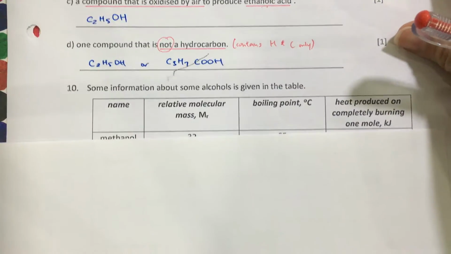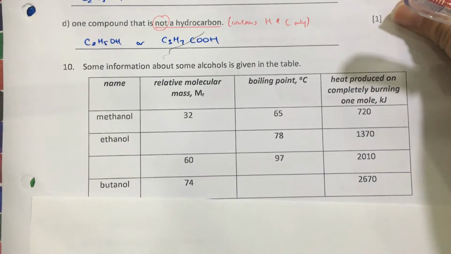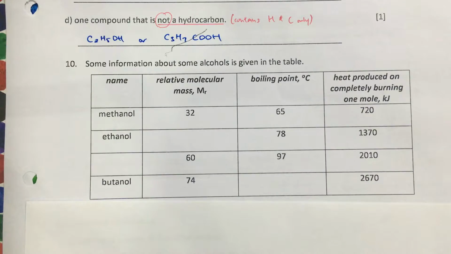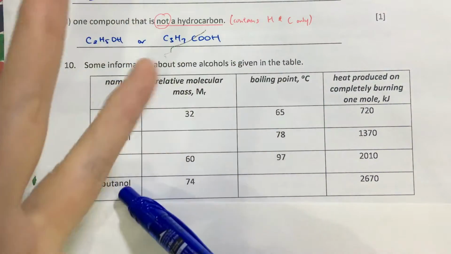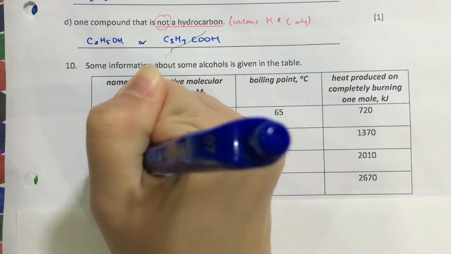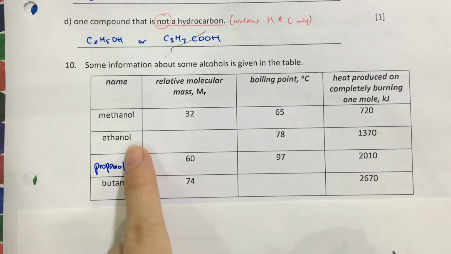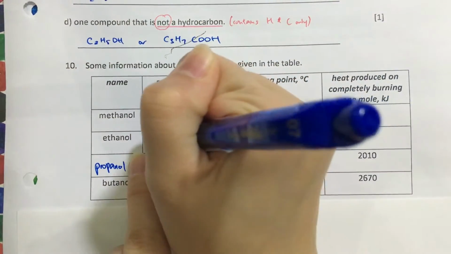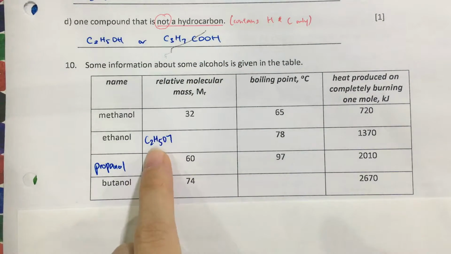Okay, for this question, they gave us some information and asked you to solve. So first of all, let's try this one. Methanol, ethanol, propanol, butanol, right? This is in order, so this should be propanol. How do we find the relative molecular mass? First of all, ethanol is C2H5OH. Use the periodic table to find the number on top.